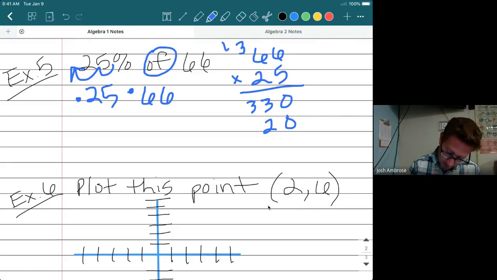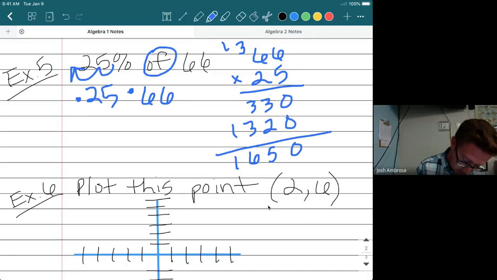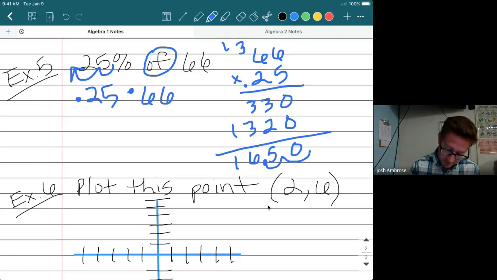And then another 6 and 2 is 12, but we got 13. Okay. So let's work this out here. 0, 5, 6, and 1. Now, it's not 1,650 because remember, this was actually 0.25. So the final step here is to remember to move your decimal 2 spaces. All right, so really we're looking at a final answer of 16.5.